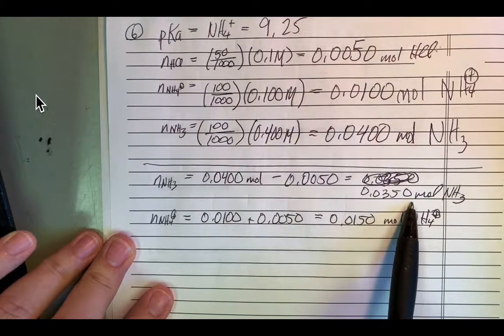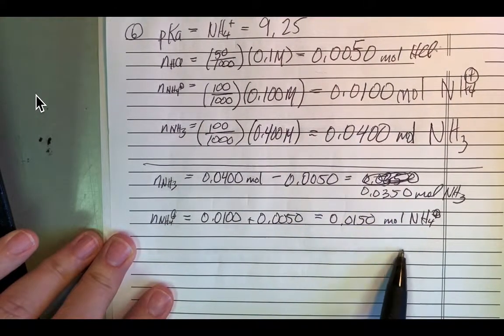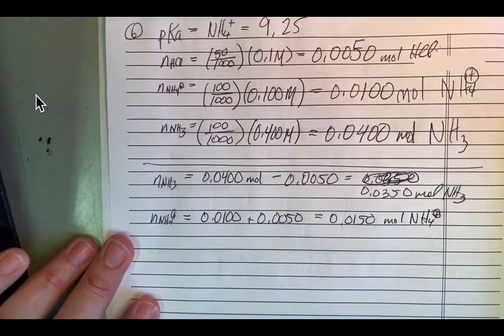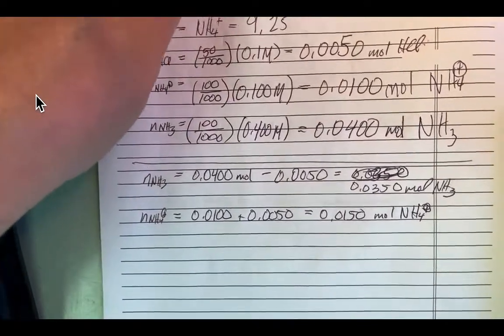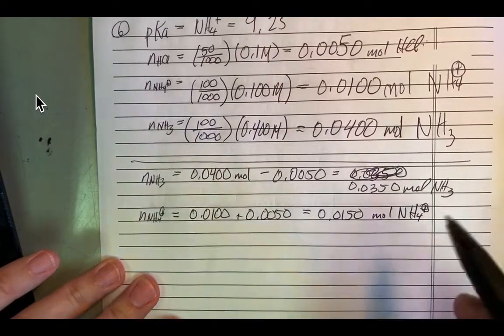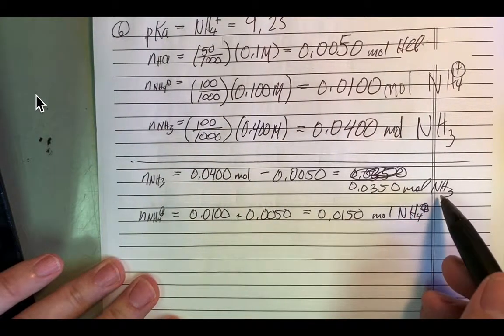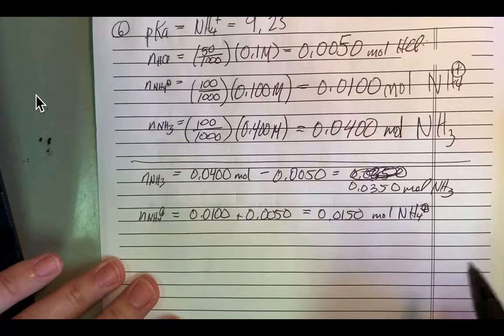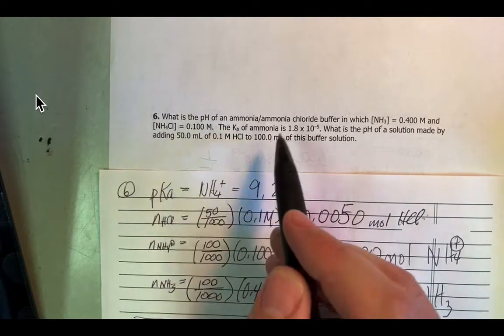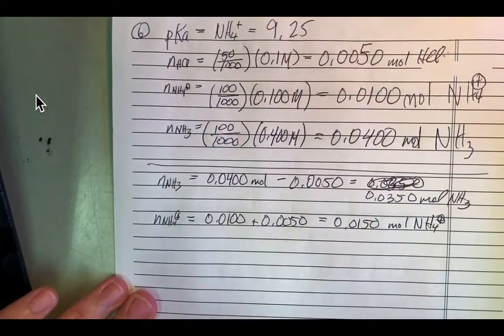We've decreased the amount of ammonia in solution, and we've increased the amount of ammonium. All right, what's the last thing that we need to do here? We need concentrations in order to do these types of calculations. And so these moles are in now 150 mLs of solution. 50 plus 100 gives me 150.